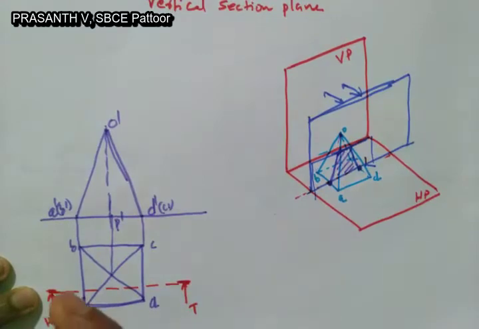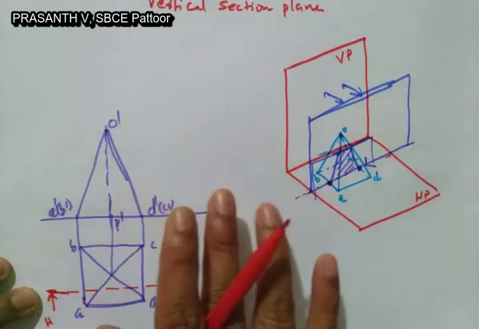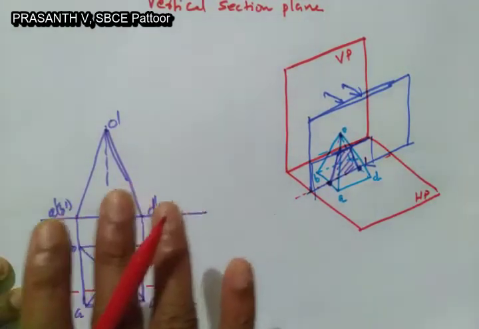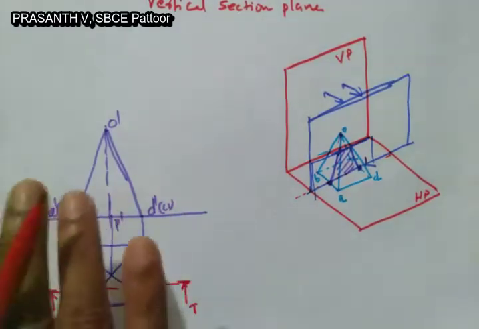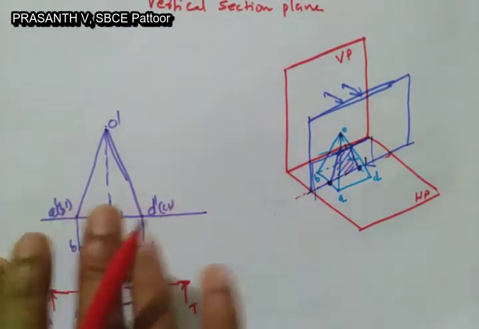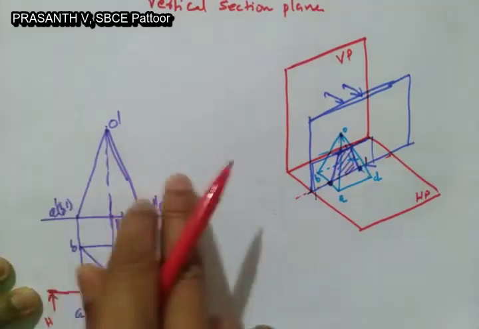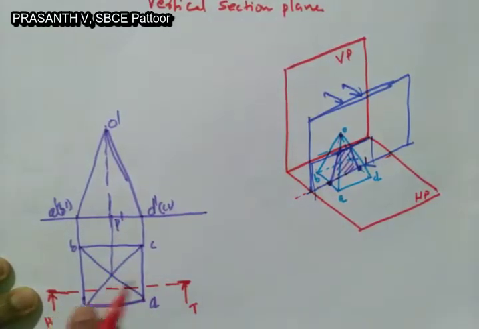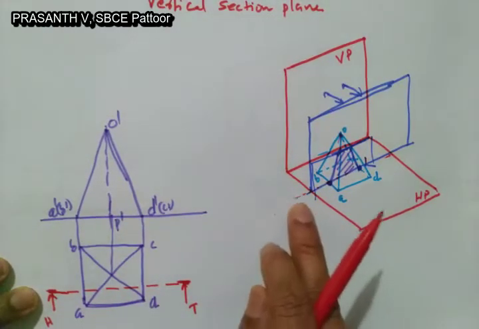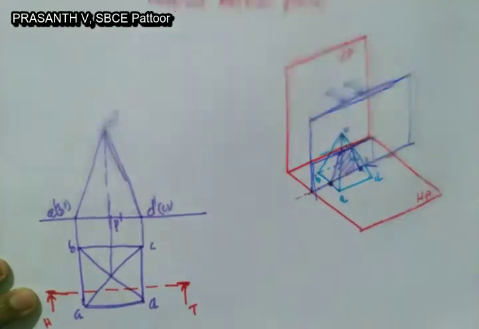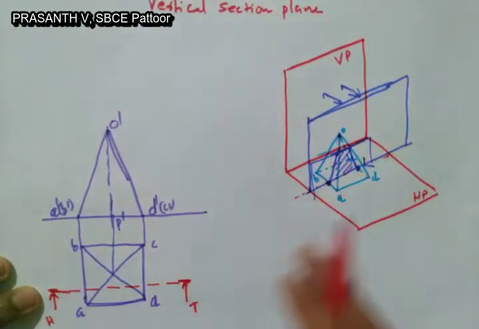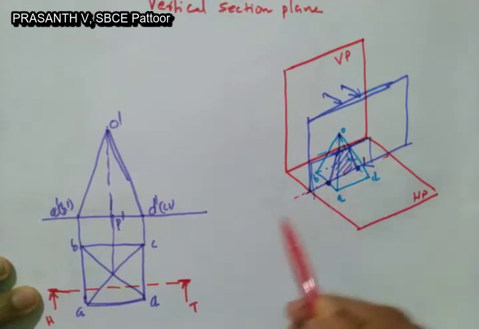But in the previous case, it was a horizontal section plane. The section plane was parallel to HP and perpendicular to VP. In the section plane parallel to HP, the cutting line was in front view, and the sectional view was in top view. But in this case, the section plane is perpendicular to HP and parallel to VP. Since this perpendicularity is there, the cutting line we can represent only in top view.